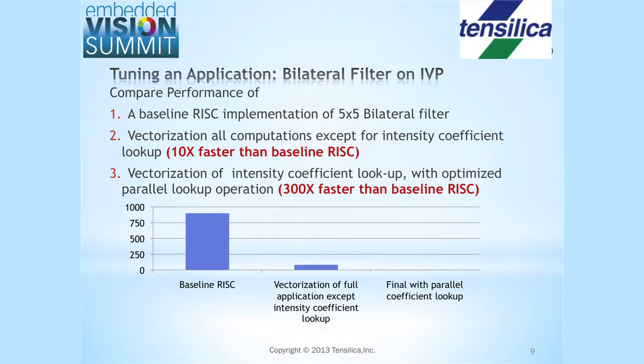Now, accuracy still matters. And so one of the key choices that we had to wrestle with is how much quantization are we going to allow in this table lookup? And what's the impact on the final quality of the image?